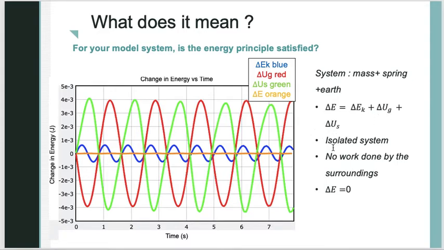The system is an isolated system, so there's no work done by the surroundings, so delta E is equal to 0. As you can see, the origin line is equal to 0. And you can also see that the change of the kinetic energy, the change of the gravitational potential energy, and the spring potential energy are all equal to 0.